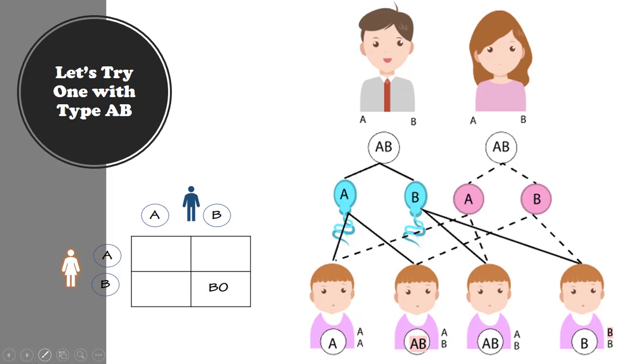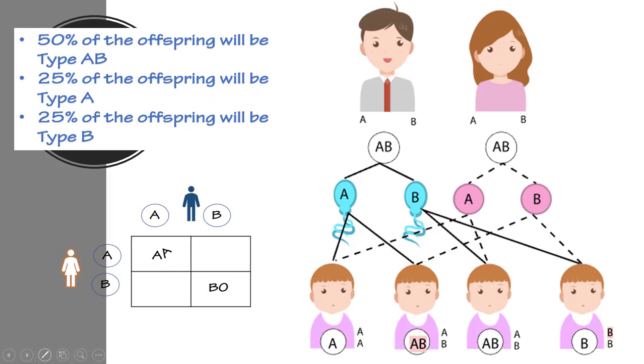And remember, they're codominant. So this time, we will find that 50% of the offspring will be AB, and 25% of the offspring will be type A. Another 25% will be type B.